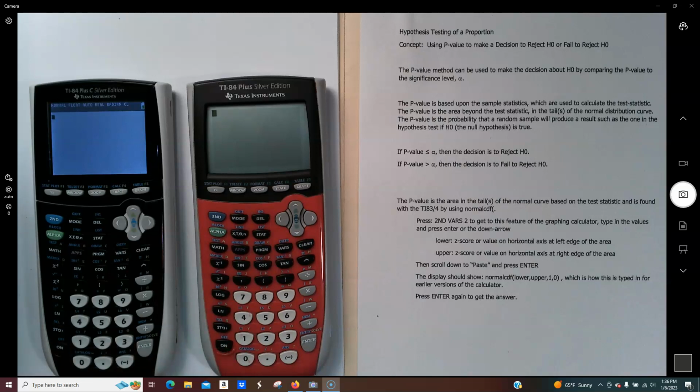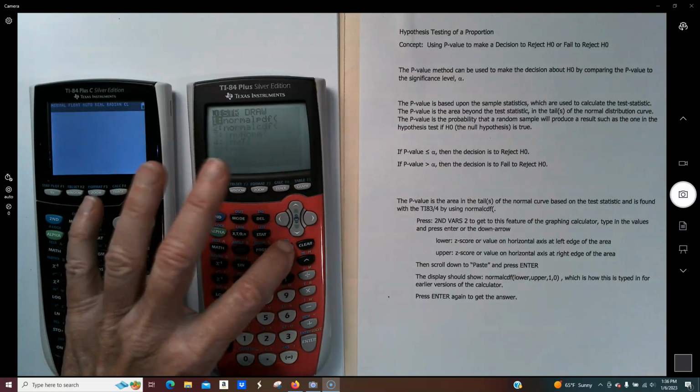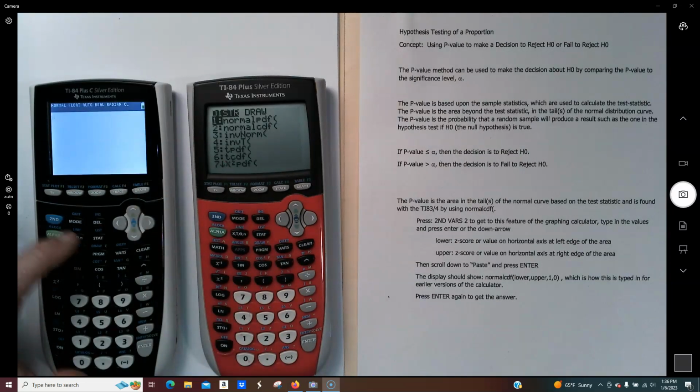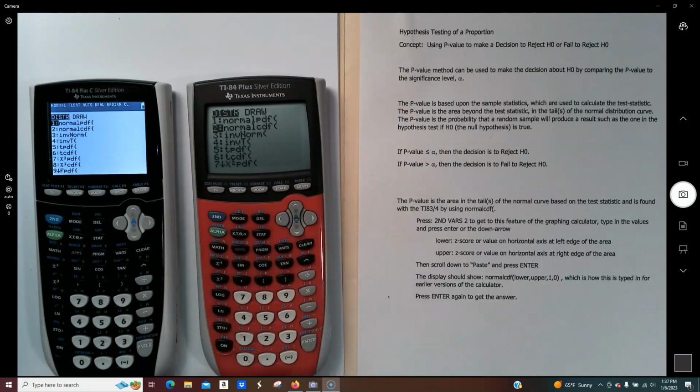When the calculator is on, press second variables to get to this feature of the graphing calculator. Normal CDF is option 2, and when you press enter, this version of the calculator is ready for the values to be typed in.